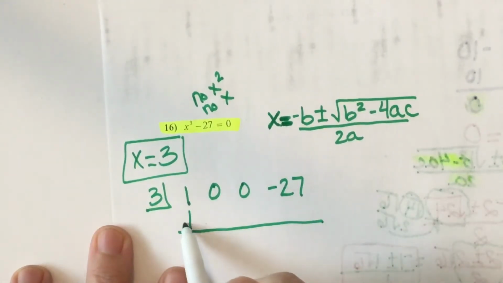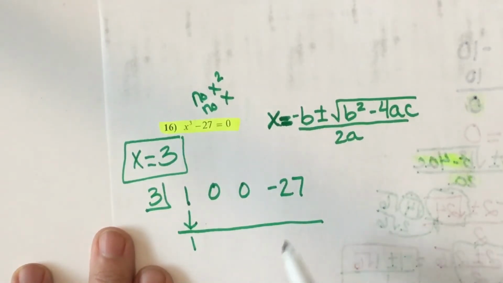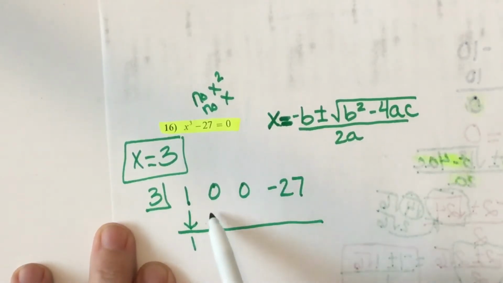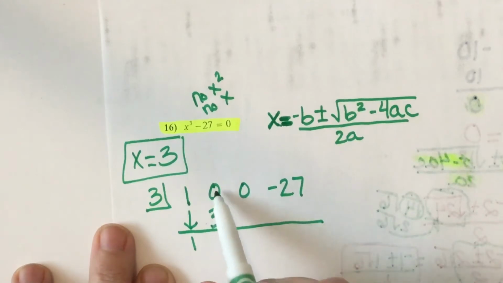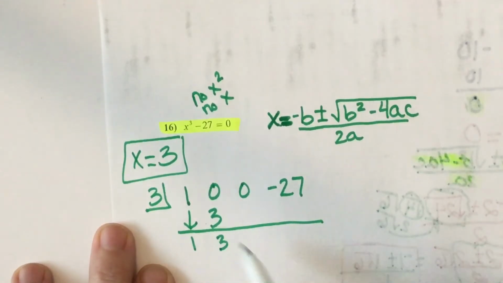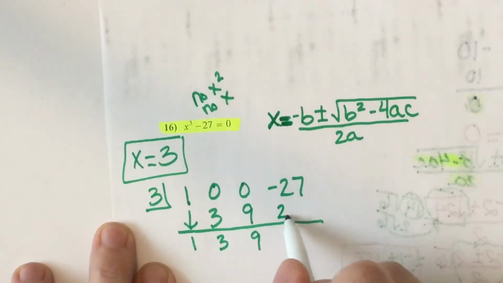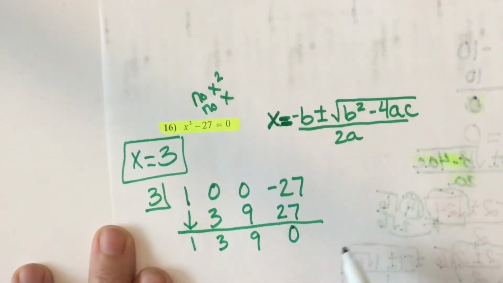And then you bring down the first number, and then multiply. 3 times 1 is 3. Add. 0 plus 3 is 3. Multiply. 3 times 3 is 9. Add. 0 plus 9 is 9. Multiply. 3 times 9 is 27. Add, and you get 0.